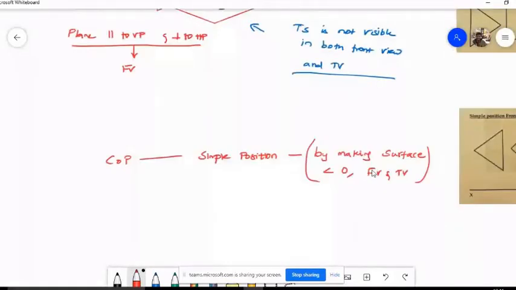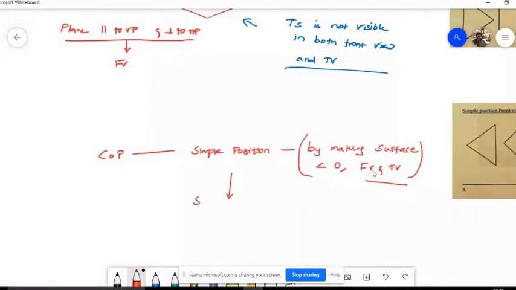Next, in the second stage, we call that the second position. In the second position, we will apply the surface inclination.